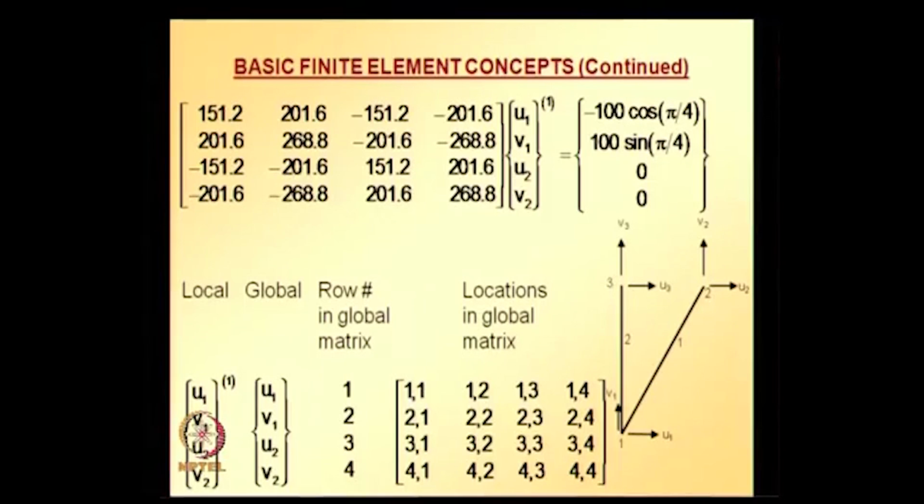Please note that in the local coordinate system, the degrees of freedom or the displacement vector u1 v1 u2 v2 corresponding to element 1 is the same as global u1, global v1, global u2, global v2, and the row number and column number in the global matrix are nothing but 1, 2, 3, 4.